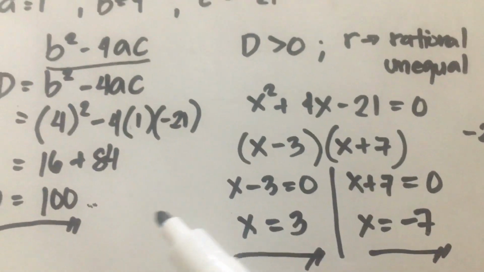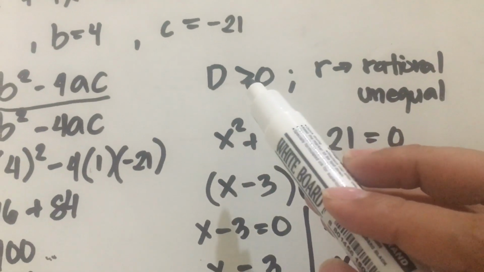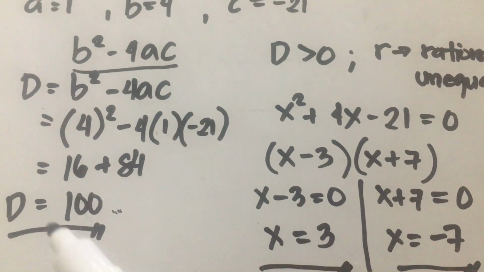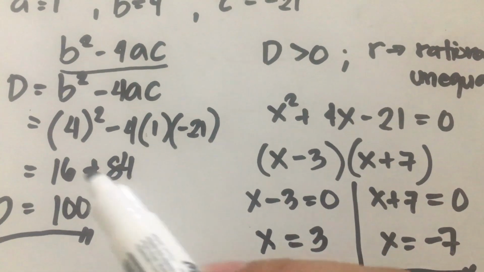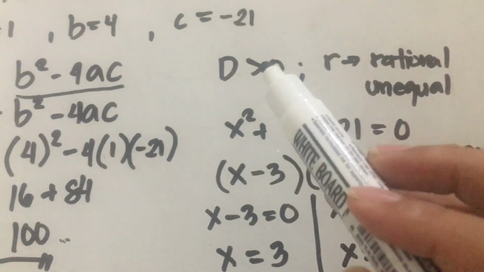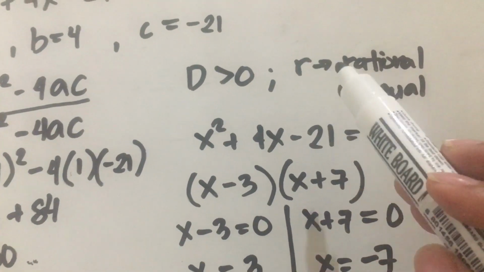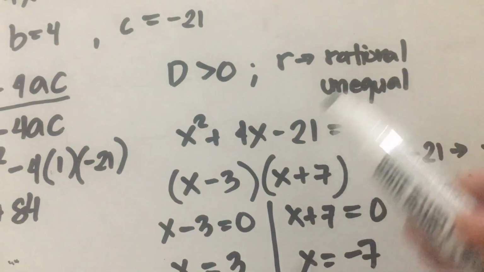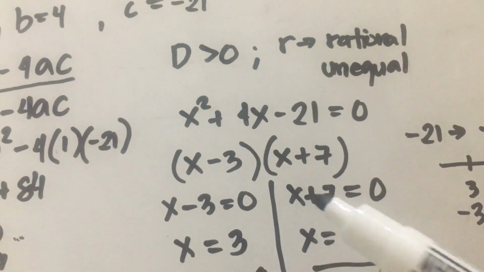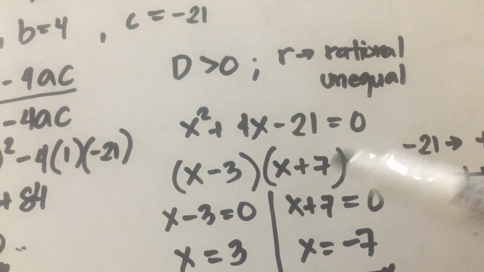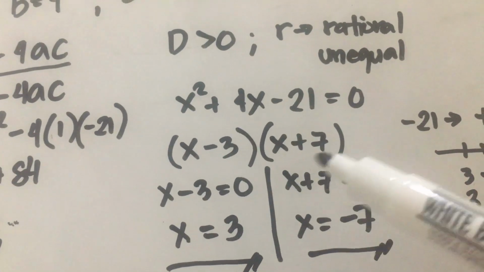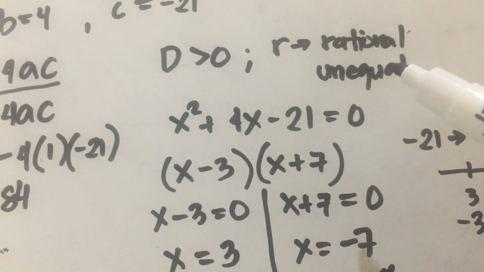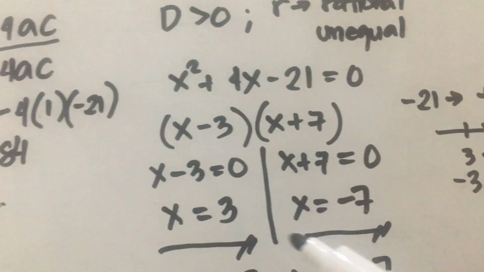So again, if your discriminant is greater than 0 and it's a perfect square, which means kung i-square root nimo ang discriminant and we can arrive at a whole number, therefore your roots are rational numbers, which are positive or negative integers, or it can also be a fraction. Pero wala siya square root. Now, it's also unequal roots, which means dili siya pareho nga roots.